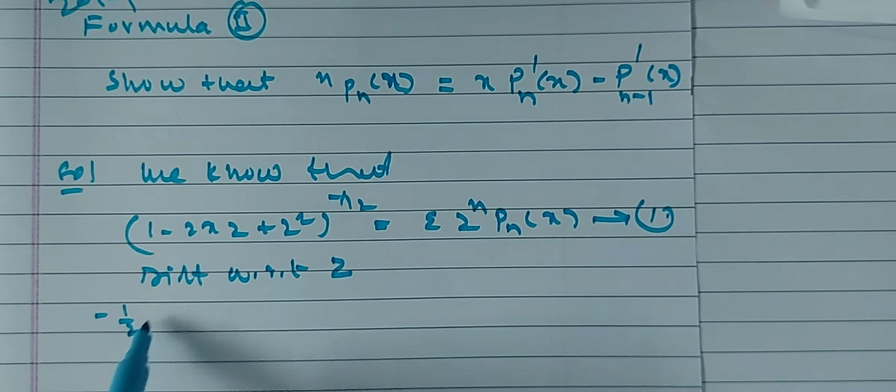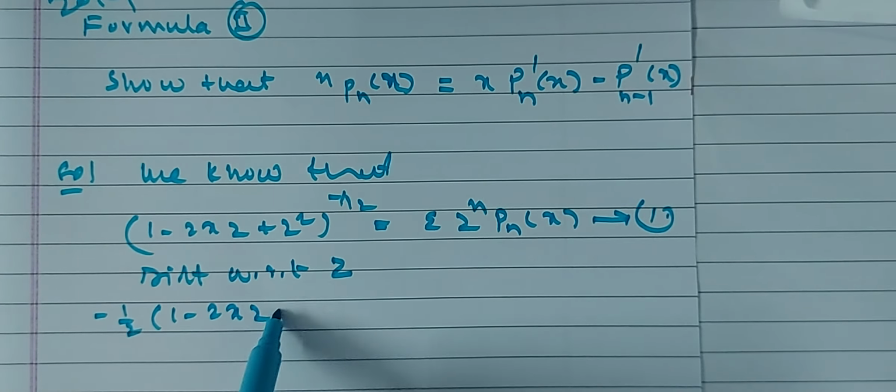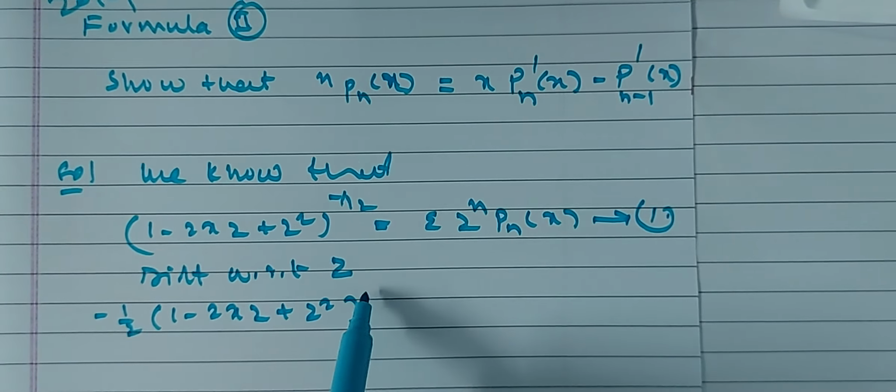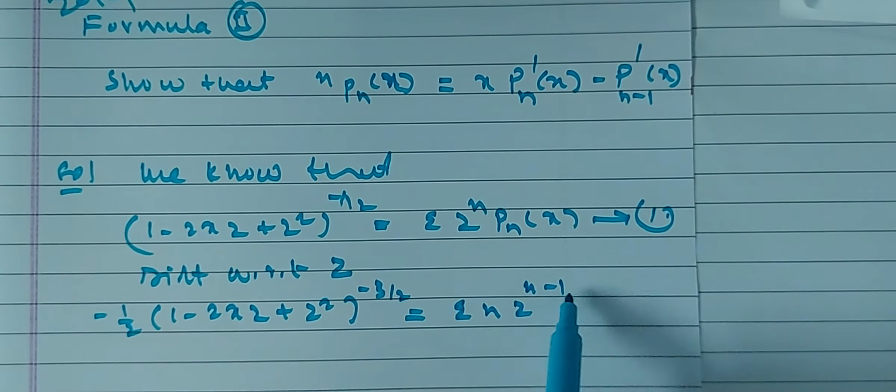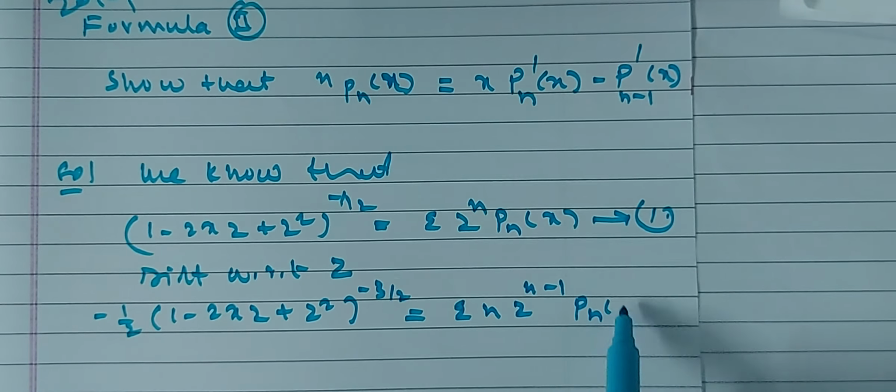Minus 1 by 2 into (1 minus 2xz plus z square) to the power of minus 3 by 2 is equal to sigma n into z power n minus 1 into Pn of x. Take this as equation 2.